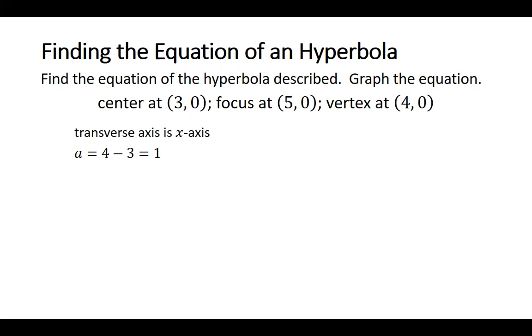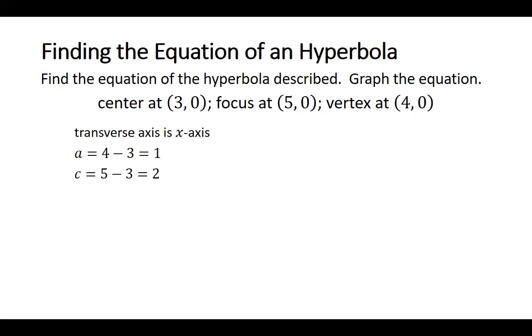Our focus is at 5, 0, and our center is at 3, 0. So the distance between those is going to give us C. So C is equal to 5 minus 3, or 2. Now looking at this, we know that the center is at 3, 0.